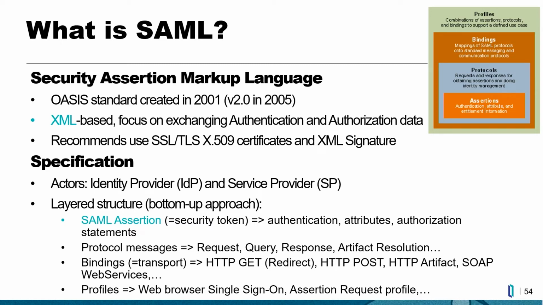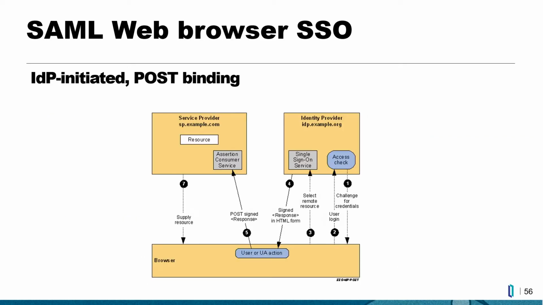Then it defines transport mechanisms for those messages. And finally, profiles, which are really how they are all organized for a purpose like web browser single sign-on, right? Because of this bottom-up approach, you actually end up having SAML assertions used in many more contexts than just web browser single sign-on, and you actually end up finding it in a lot of other situations.